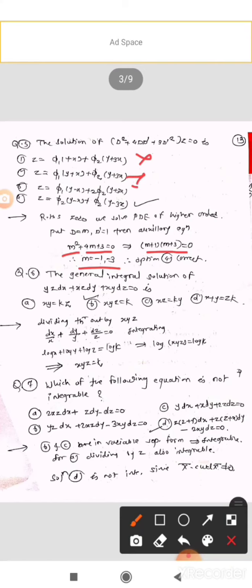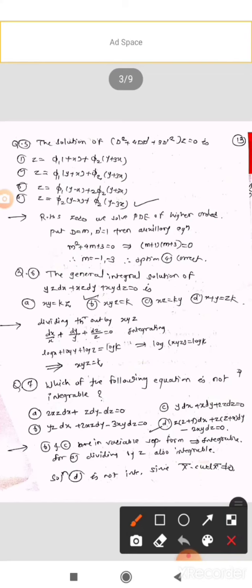Now question number 6: the general solution of yz dx plus xz dy plus xy dz is equal to 0. Here we observe that in the coefficient of dx, that is P, the x term is missing; in Q, the y term is missing; in R, the z term is missing.